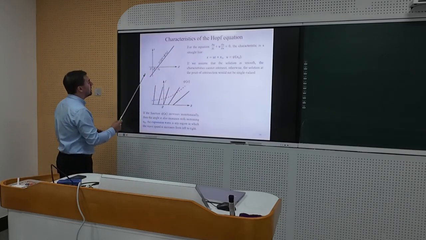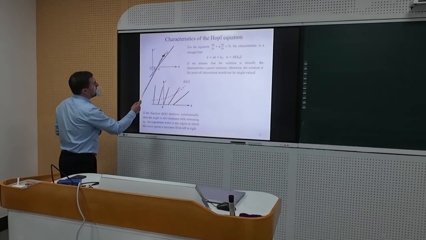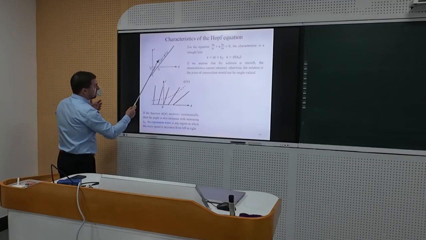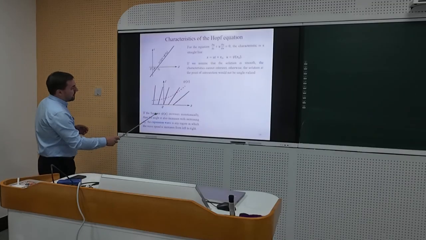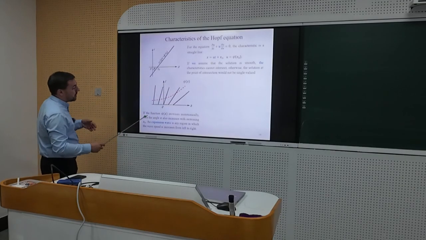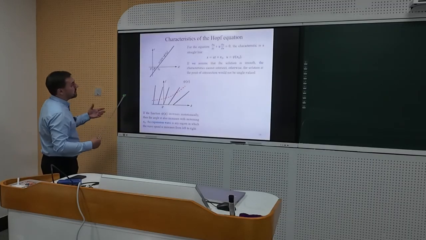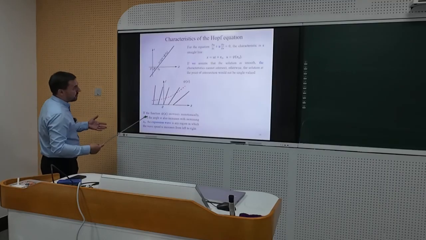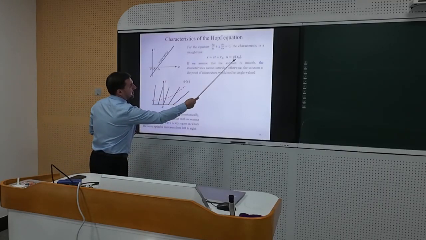So if we consider this characteristic line, then u equals psi of x0, which equals the tangent of this angle alpha. If the function psi, the initial condition for our equation, increases monotonically, then this angle alpha also increases. Why is it so? Because u is psi of x0.